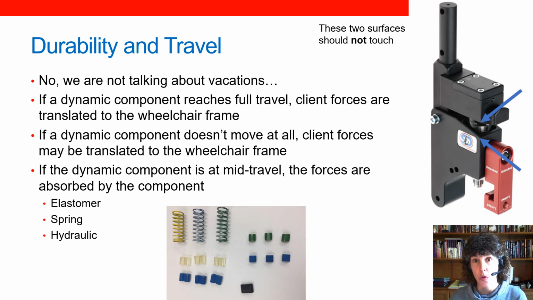And as a result, the component will not absorb forces. Instead, those forces again may be translated to the frame, resulting in breakage. If the component's at mid-travel, then it's going to work perfectly. It's going to absorb the forces, preventing them from being translated to the frame, and that can be accomplished through elastomers, springs, or hydraulics.